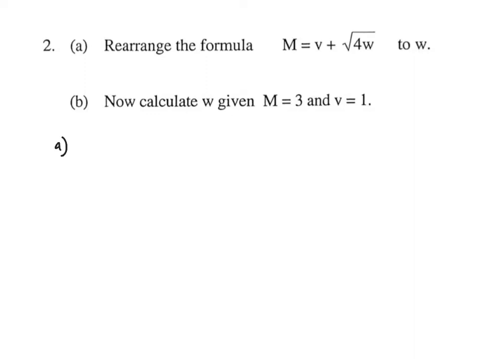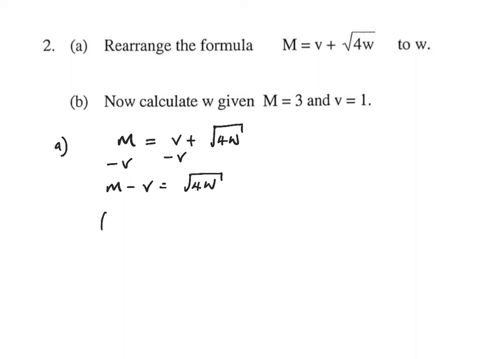What we want to do is to get w to be the subject. So the first thing I'm going to do is I'm going to subtract v from both sides. How do we get rid of a square root?